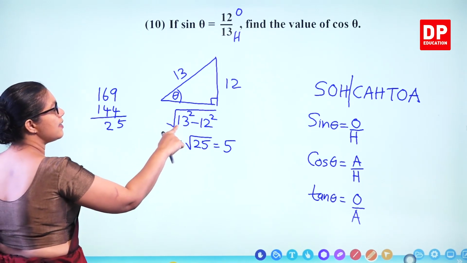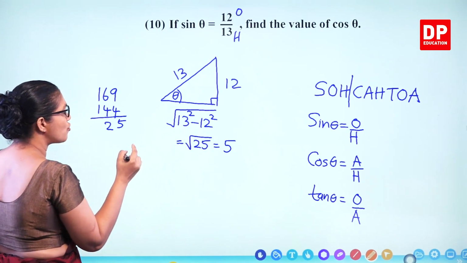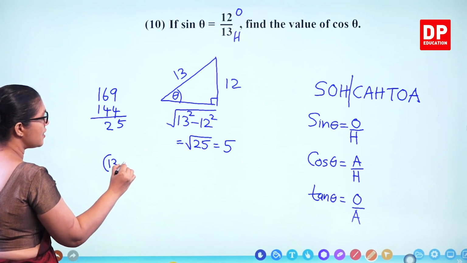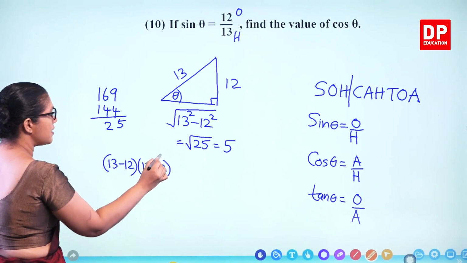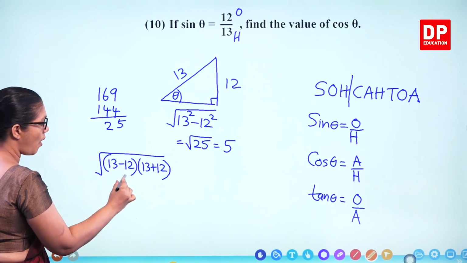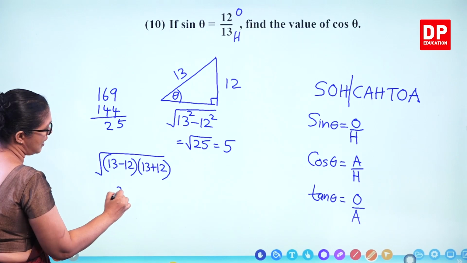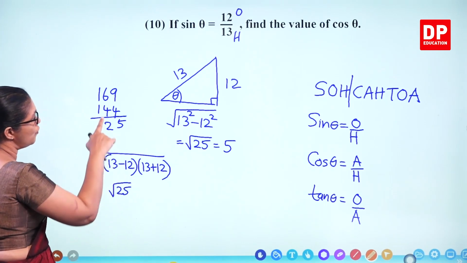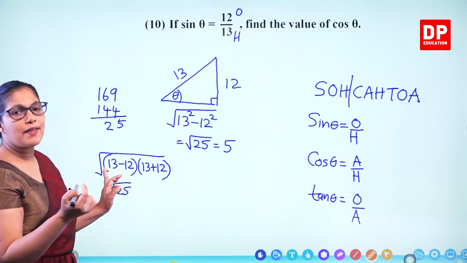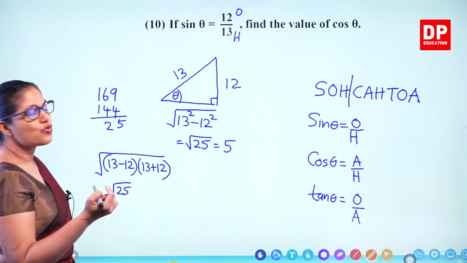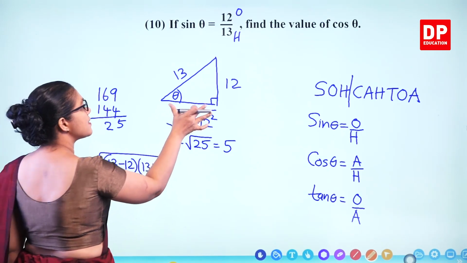Or you can use the difference between 2 square terms. 13 minus 12 and 13 plus 12, and take the square root. So here 1 times 25. So that's 25. If you don't want to find out the multiplication, you can use the easy method, the difference between 2 square terms, and you get this side.